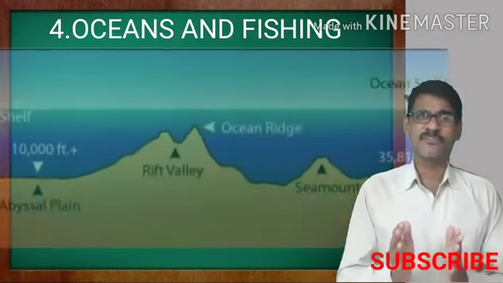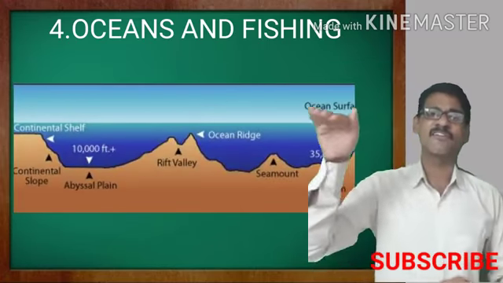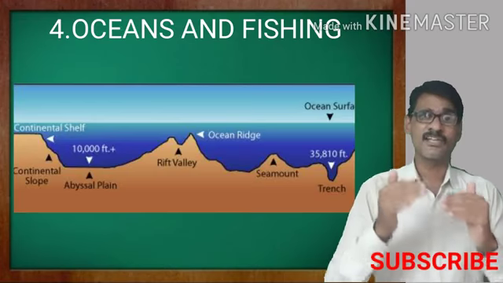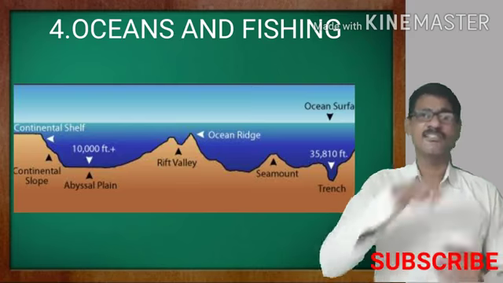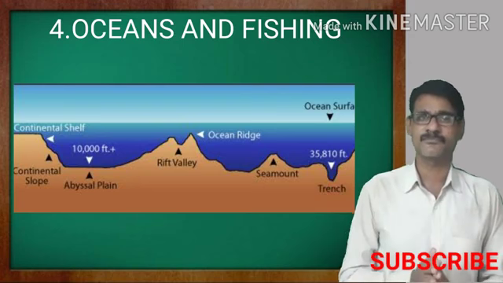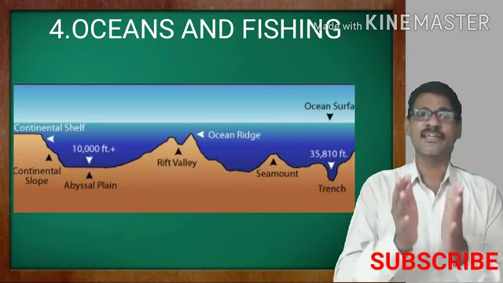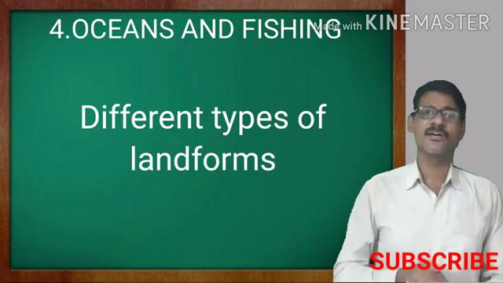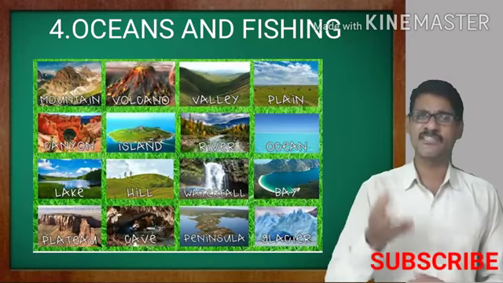Before going to that, we have to know what lies under the surface water. Do you know what things are preserved under the surface water of the oceans or the seas? These are the ocean relief features. We have the physical features of the land: mountains, hills, plateaus, plains, valleys on the earth's surface.